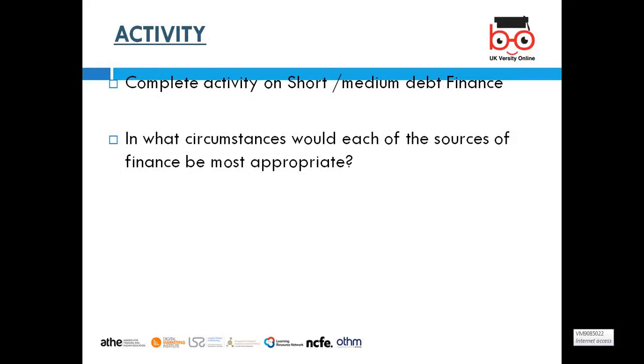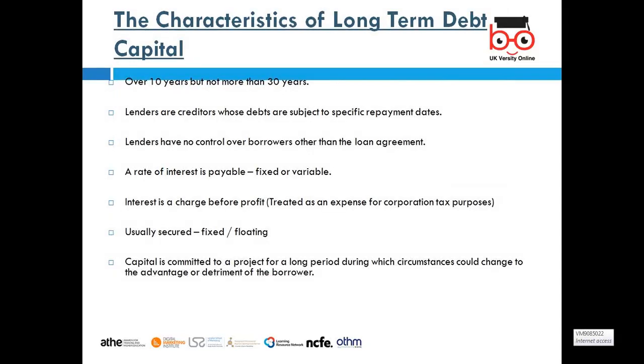We're not doing the activity now, but please do your own separately. In terms of the time, the activity is to complete the short or medium term sources of finance. And in your assignment, you can include this activity which we have created. Did you send an email?